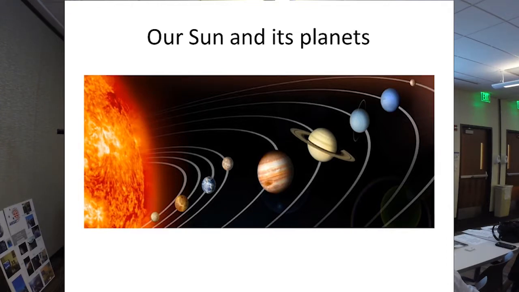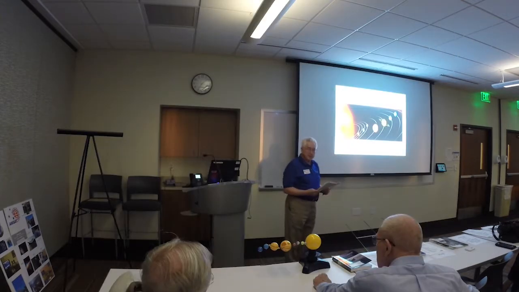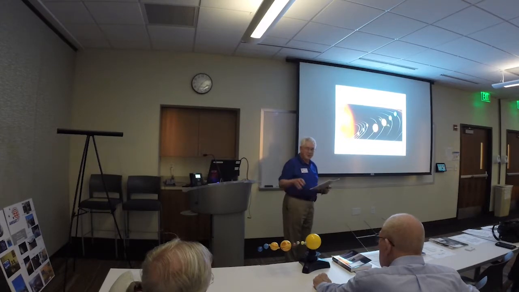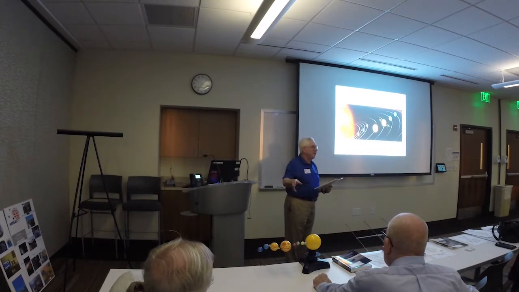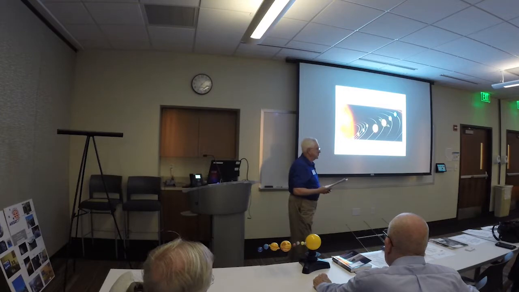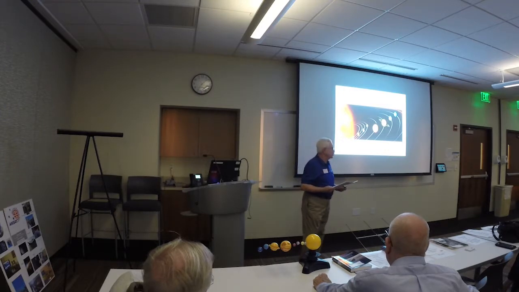Of course, our Earth, which is third in line. Mars, which we'll be talking about in detail. Jupiter, Saturn, Uranus, and Neptune, which was the planet missing on my small solar system in rotation. The Smithsonian dropped it off.